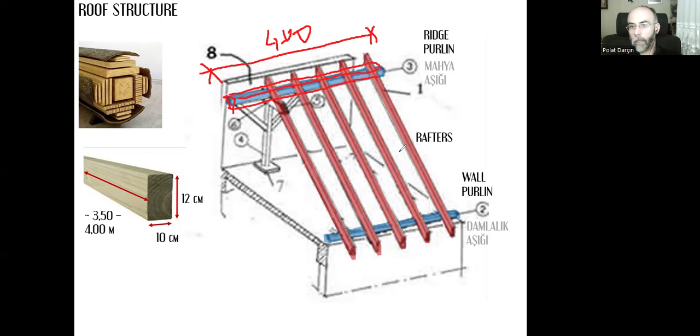Let's imagine it's the 4 meter level. The distance between two purlins, between a ridge purlin and a wall purlin, the length of the rafters needs to be maximum 3 meters. Why is that? Because that's the limit for one timber piece for the rafters.